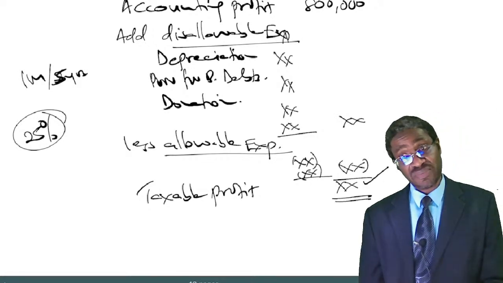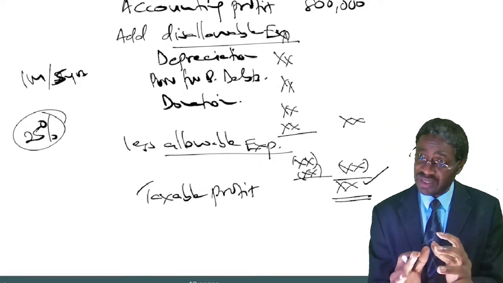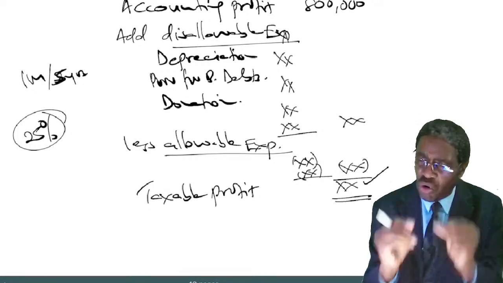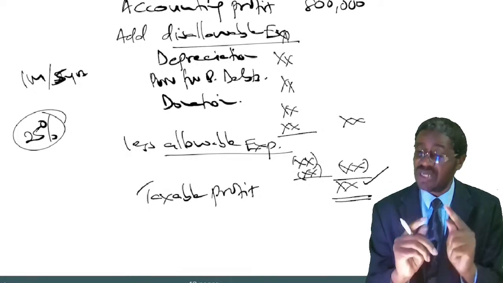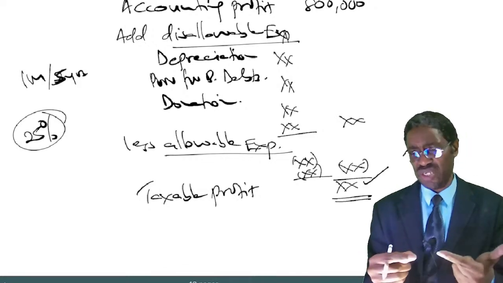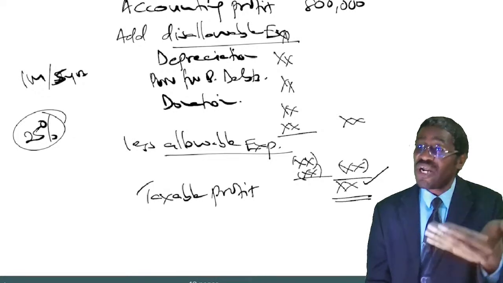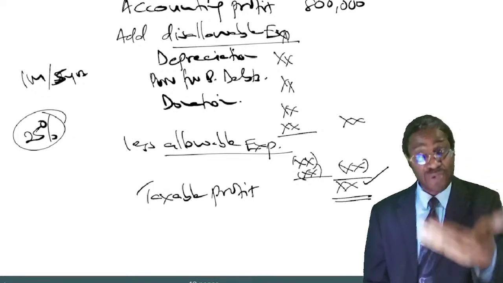Now listen. This is how the taxman will argue, by saying there is something you have not recognized in your income statement which you should have recognized. And what is it? He is arguing that you should have recognized an expense called capital allowance.